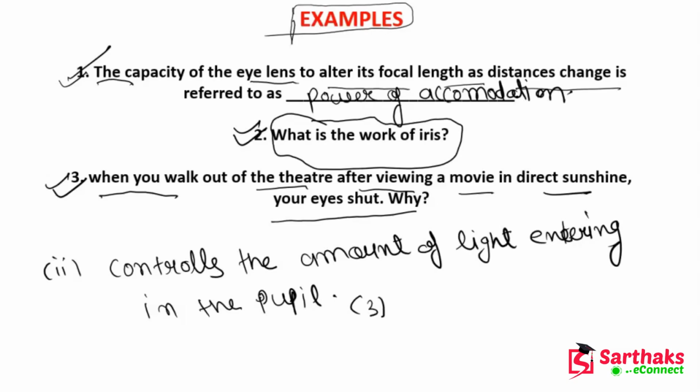So our iris closes for a while, and because the iris is closed, no light is able to enter our eye, and that's why we cannot see anything around us. So for some time the iris is shut. This is the reason for the third question. I hope, guys, these things have been clear to you.